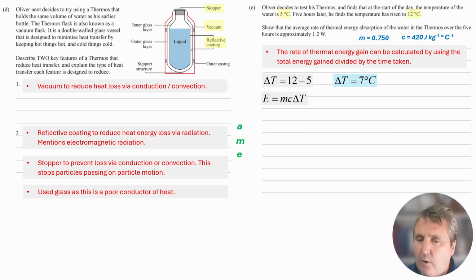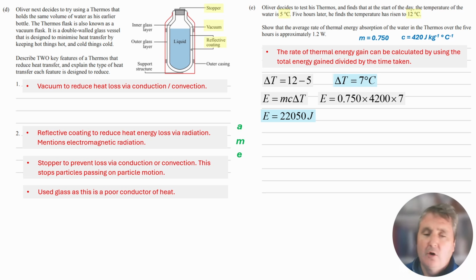That's this value here, 420 joules. Sorry, 4,200 joules, and we're going to multiply that by the change in temperature. So we chuck those values in here, and we get an answer of 22,050 joules. Okay, so that's how much energy would be gained if it went from 5 to 12 degrees Celsius.